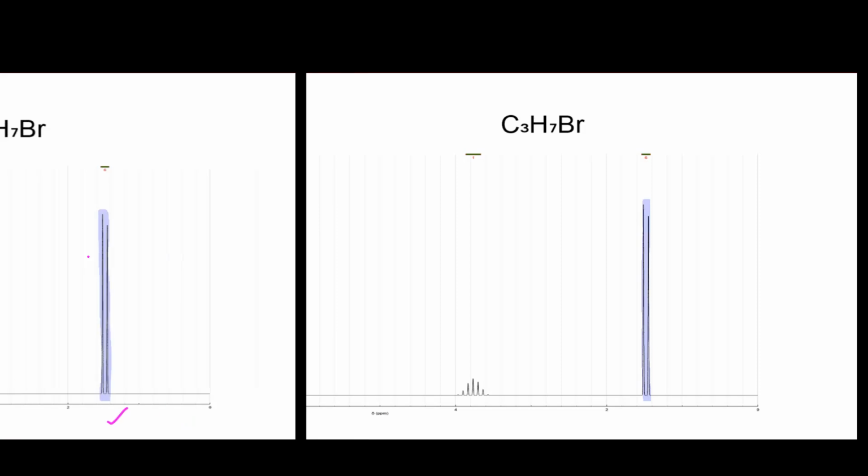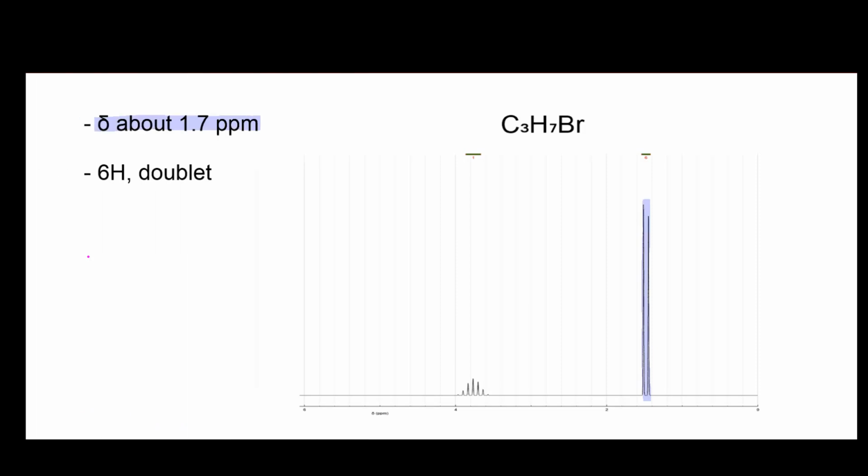The 6-hydrogen doublet suggests 2 equivalent CH₃ groups. Each CH₃ group is next to 1 neighboring hydrogen. So, using the n+1 rule, 1 plus 1 gives 2 lines, which is why the CH₃ signal is a doublet.